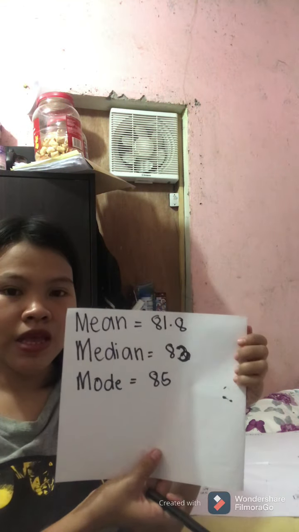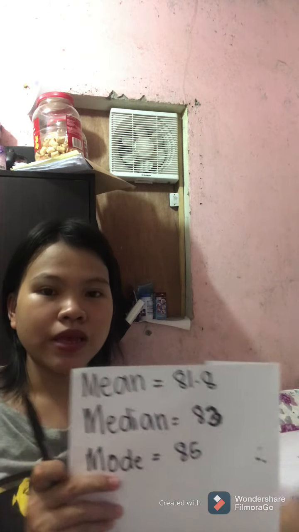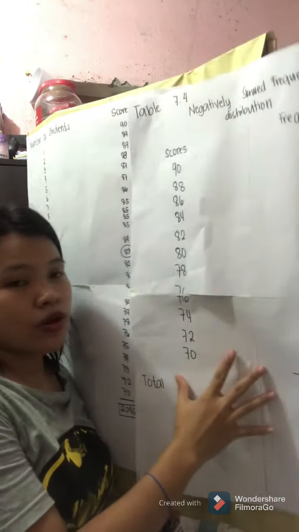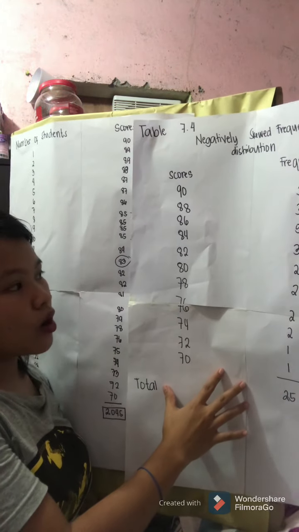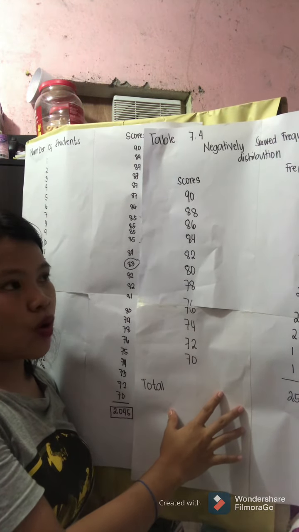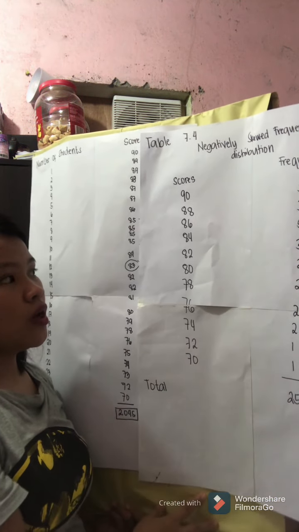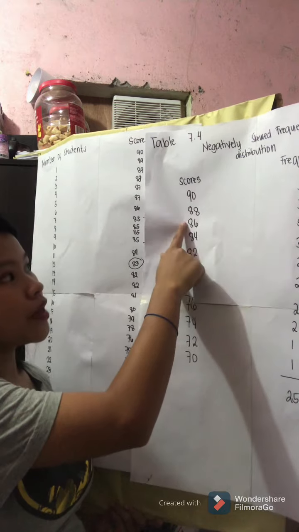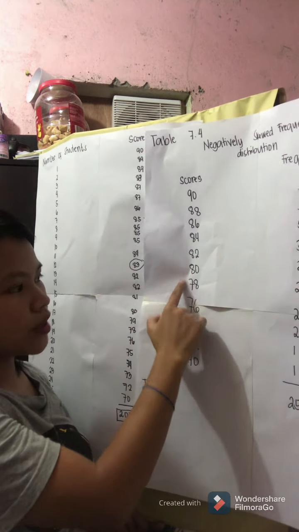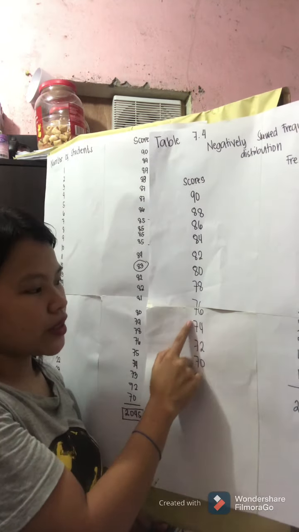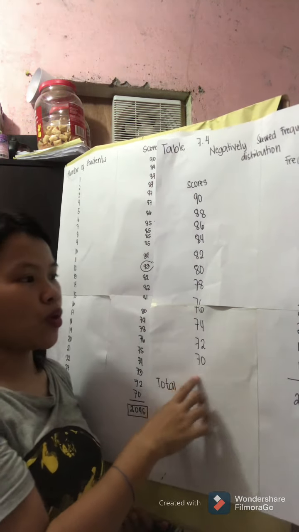So let's continue with the table 7.4. As you can see in this table, we shortened the scores. We got only the average scores, which are 90, 88, 86, 84, 82, 80, 78, 76, 74, 72, and 70.